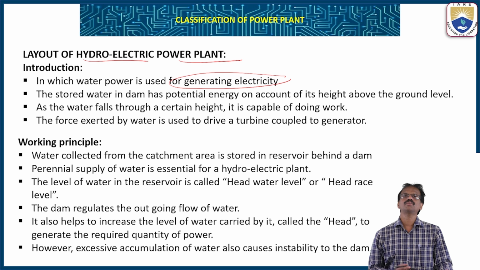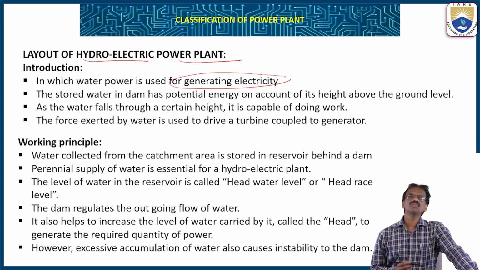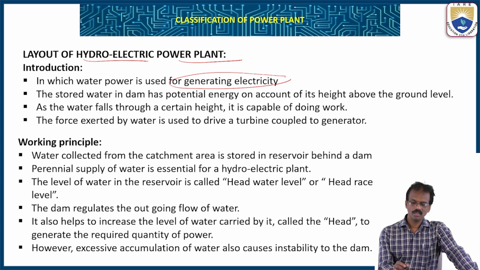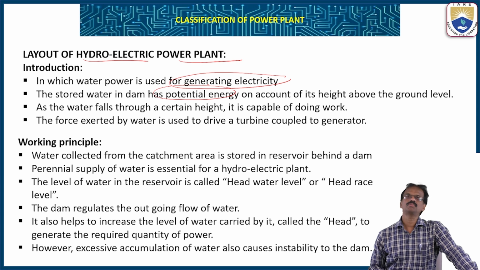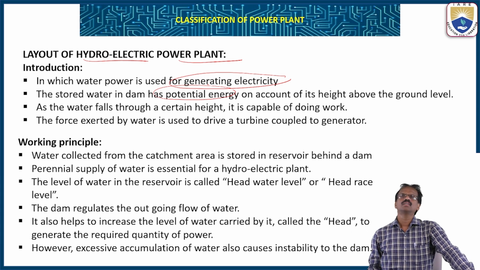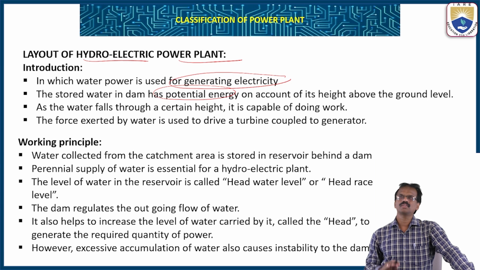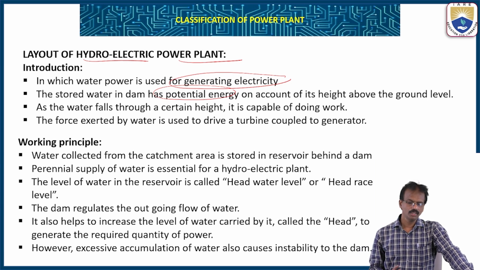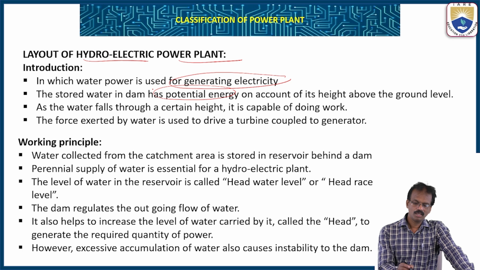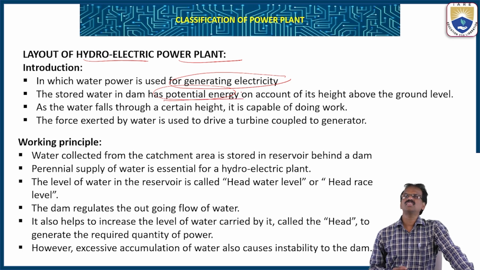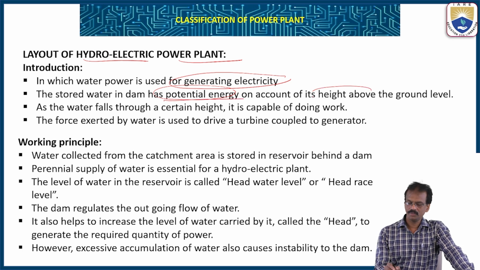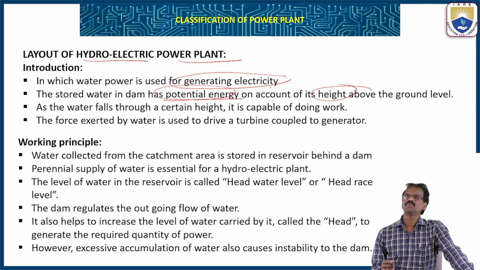The water stored in the dam has potential energy because it is stored at some particular height from the ground level. So the stored water has potential energy on account of its height above the ground level.